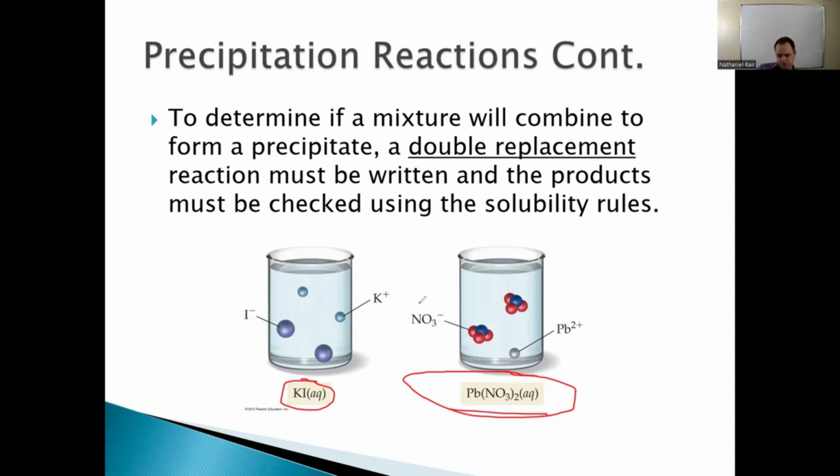Nitrate's also soluble. And we're saying, hey, if we mix these two together, will any of these ions meet up? Will the cation of this meet up with the anion of this, or the cation from this meet up with the anion from this, and make anything that is insoluble? And the answer is yeah, absolutely it will.